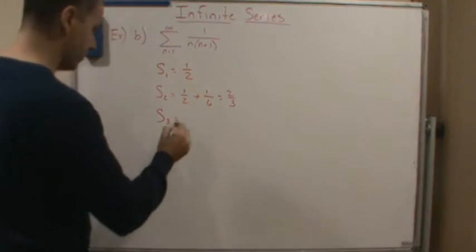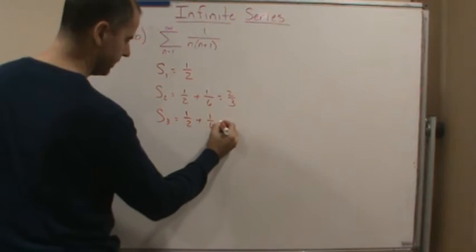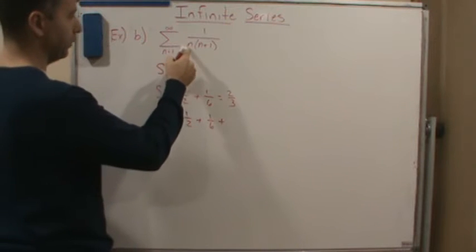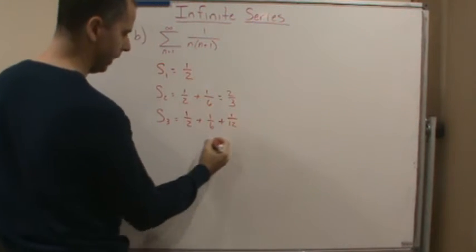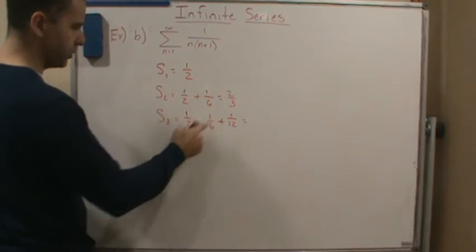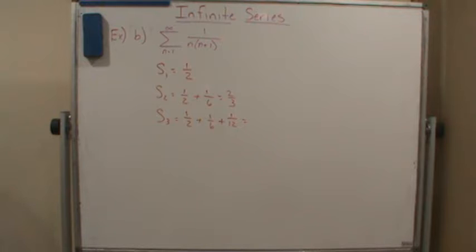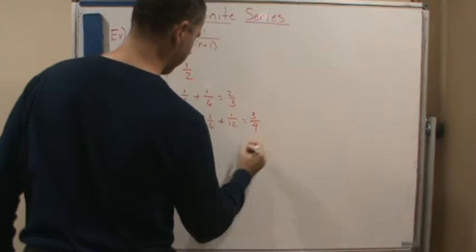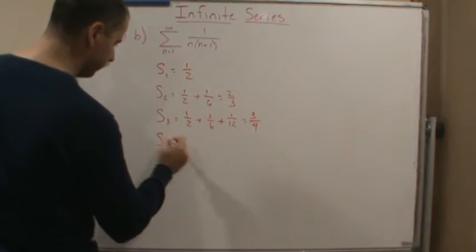S of 3 is going to give us 1/2 plus 1/6 plus what? Well, 3 times 4 is 12, so it's going to be 1/12. And so this is going to be 2/3 plus a 12th, which is going to give us 3/4. And then if we keep going, let's do S of 4.